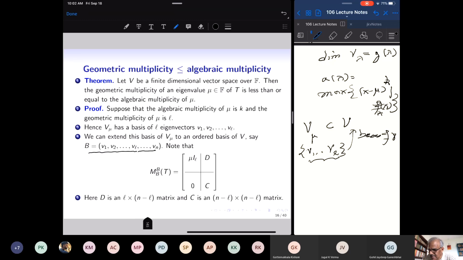The first L of them are eigenvectors corresponding to eigenvalue mu. The rest I don't know. They are some part of the basis of the big vector space V.